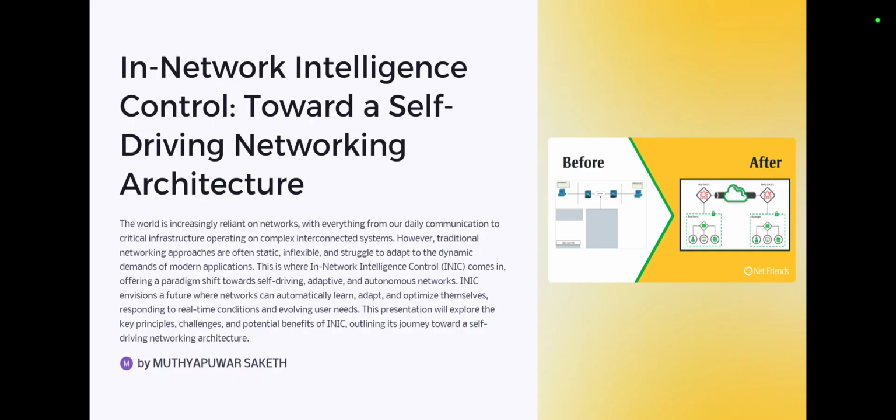However, traditional networking approaches are often static, inflexible, and struggle to adapt to the dynamic demands of modern applications. This is where in-network intelligence control comes in, offering a paradigm shift towards self-driving, adaptive, and autonomous networks.